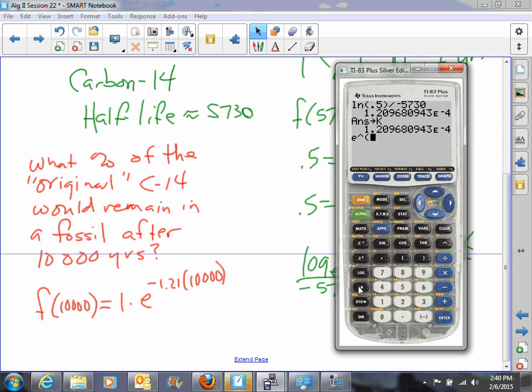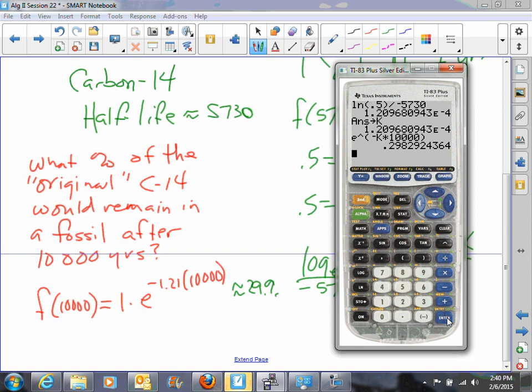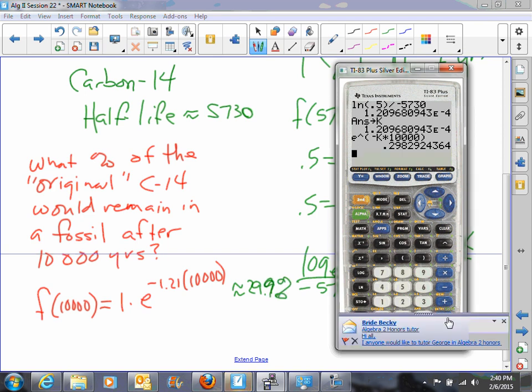It's already ready for you. Now I need to put a negative sign, and then alpha k times 10,000 and close parentheses. When I press enter, I get 0.29829. So approximately 29.9% of the carbon-14 will remain after 10,000 years.